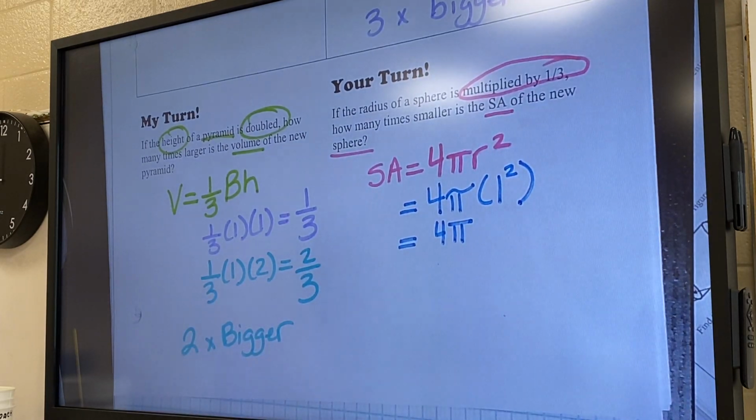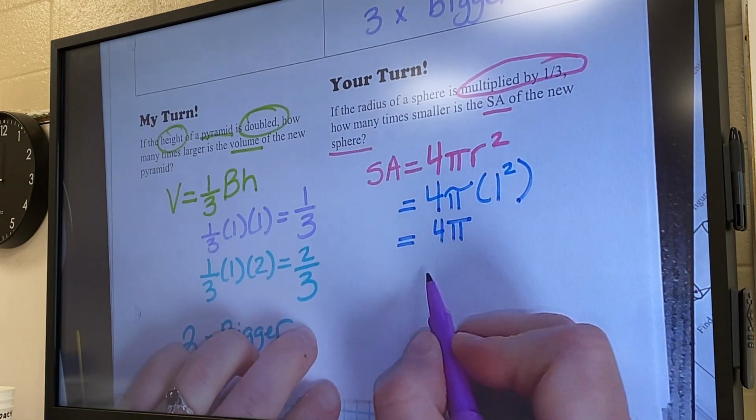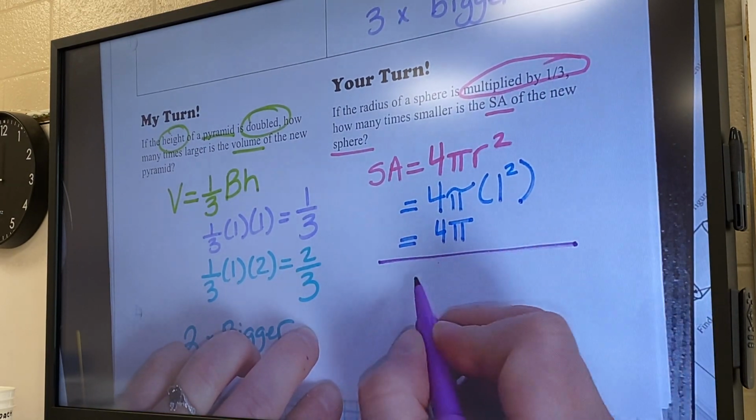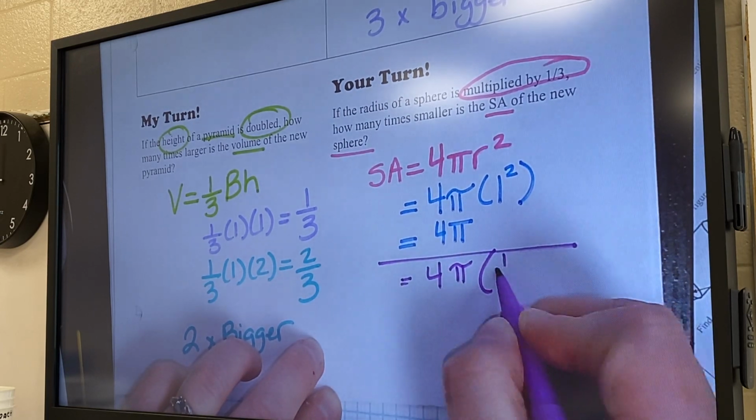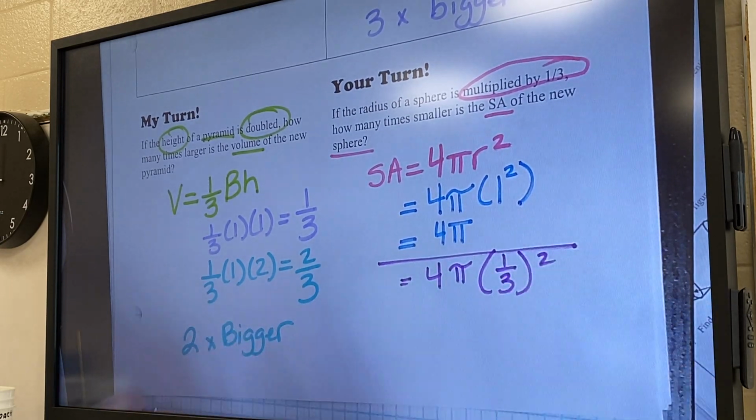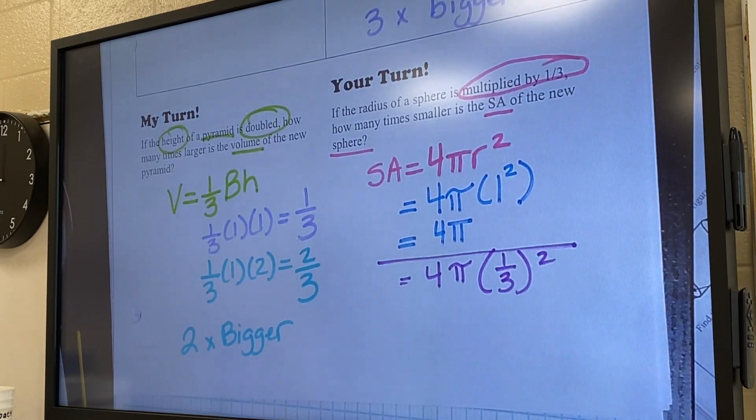The next time, I'm going to plug in a 1/3 for r. So that would be 4 pi times 1/3 squared. So 4 pi, 1/9. 4 times 1/9 would be what? 4/9.